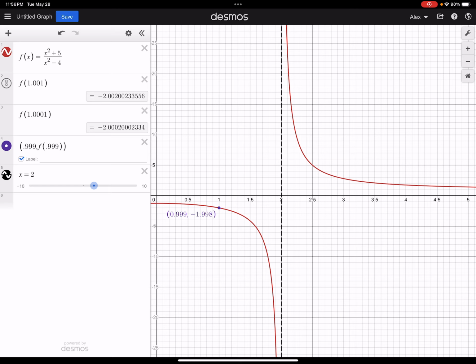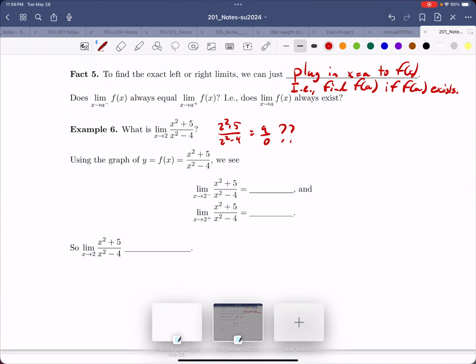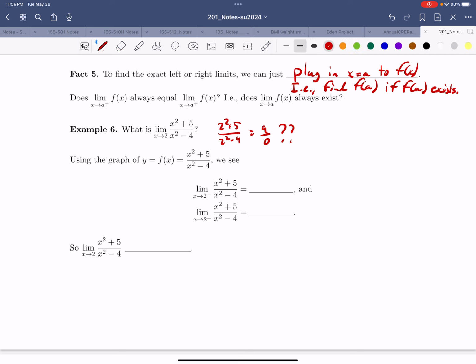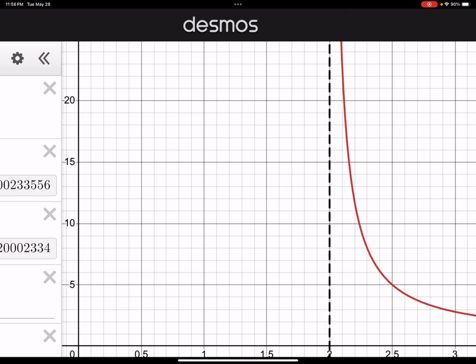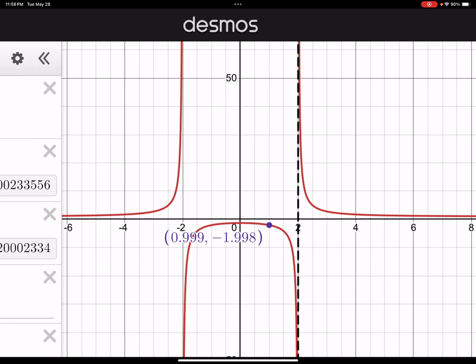From the right, we're approaching positive infinity. It's looking like this limit is not going to exist. And again, maybe I could just quickly screenshot that graph right there.